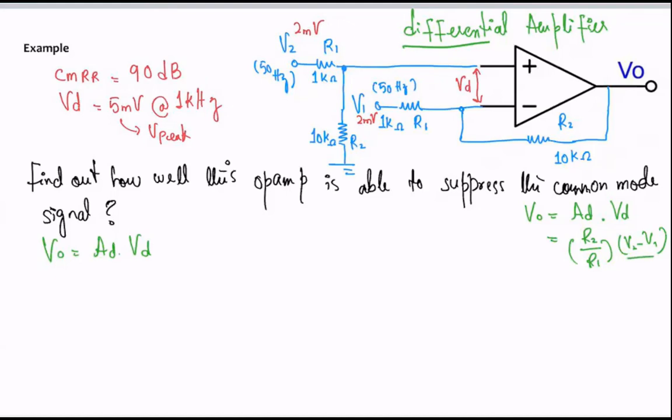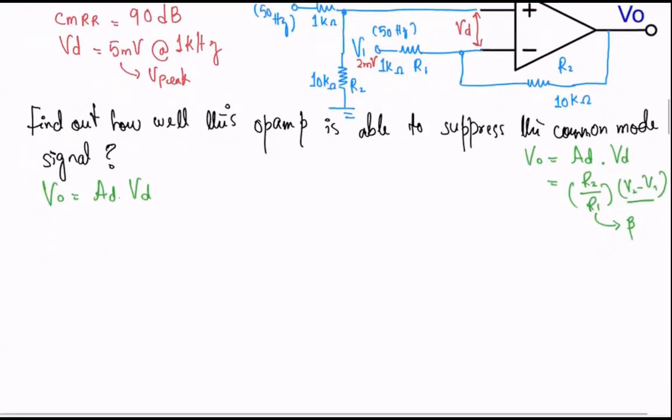So this is sort of your beta factor, R2 over R1. If you want to amplify it by 1,000 times, you can choose R2 to be 1K and R1 to be 1 ohm. So your output voltage will be the difference of the two input voltages, amplified 1,000 times, correct? So it's important to remember this equation because we will be using it here.